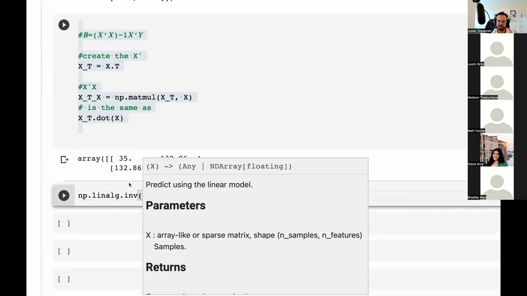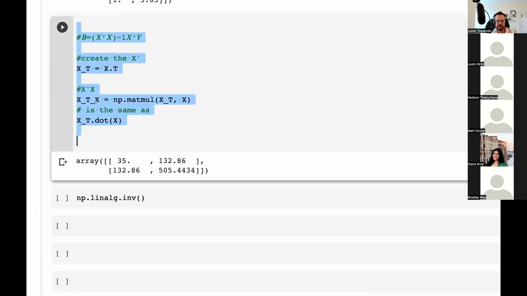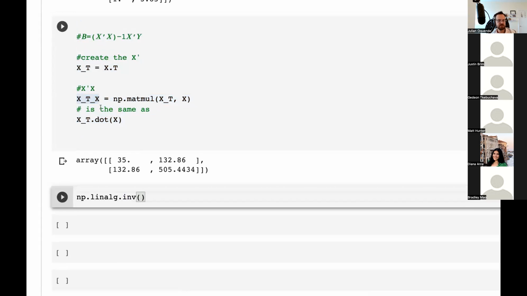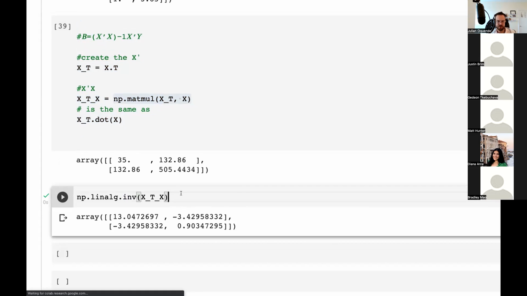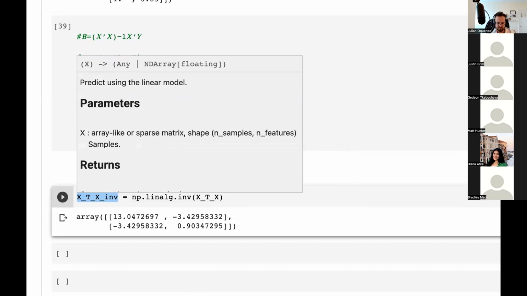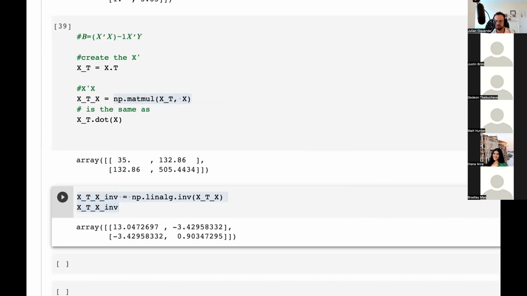The documentation isn't popping up as well as it used to, so that's a little bit odd. For the inversion, I'm going to take my XTX, the result of my dot product of X transposed to X, and it returns an inverse of our array results. This can be considered our XTX inverted value. I'll share that with you as well.